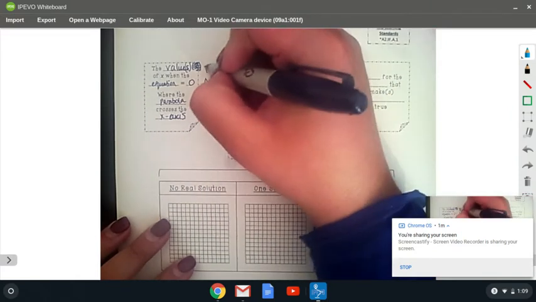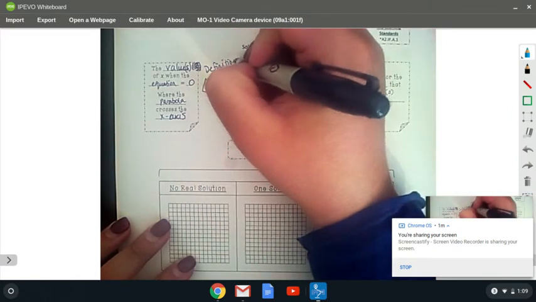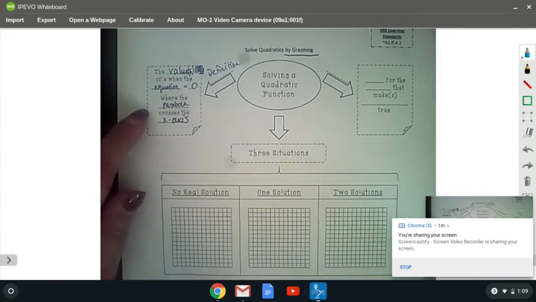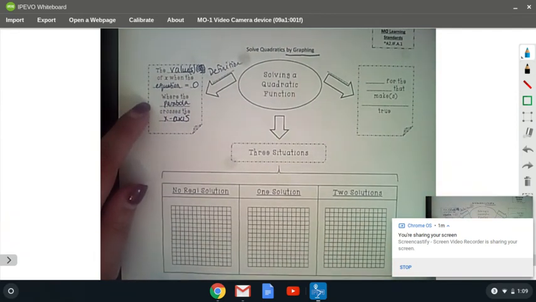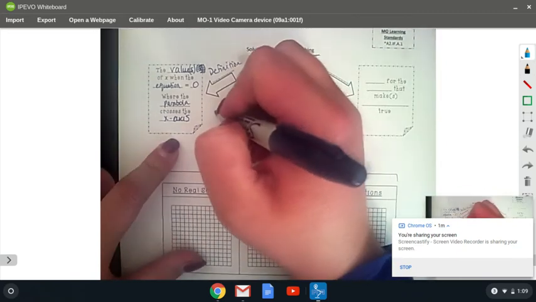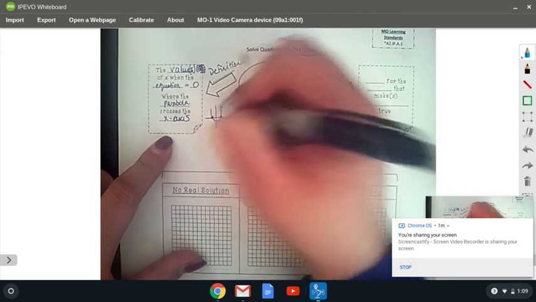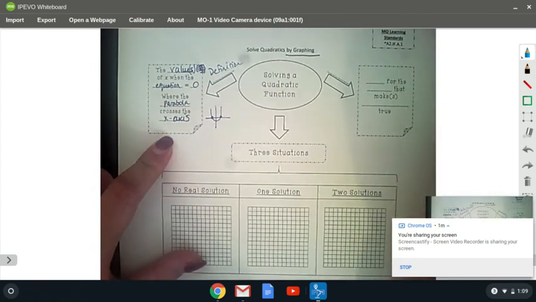Okay, so this is like a definition of solving a quadratic. It's the values of x when the equation equals 0, where your parabola crosses the x-axis. So for example, if I draw this, it's these 2 points where that parabola is crossing the x-axis.